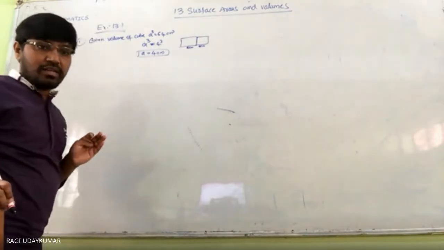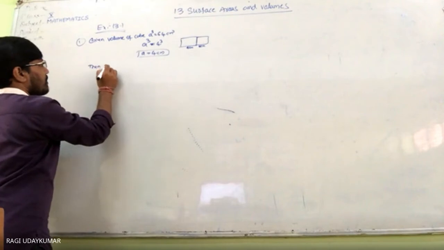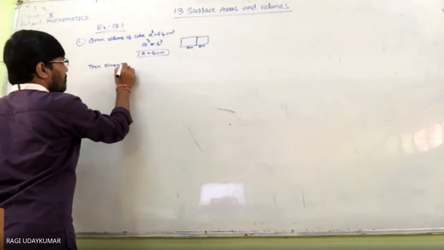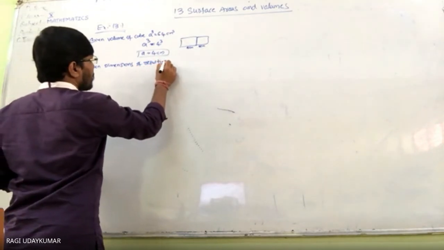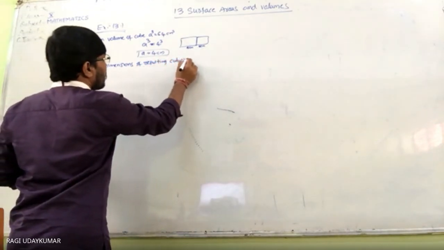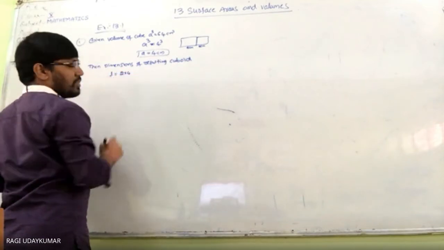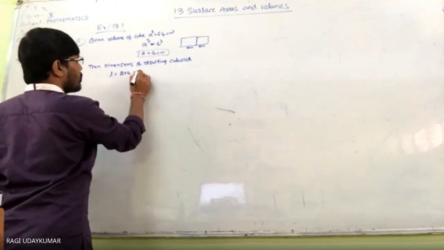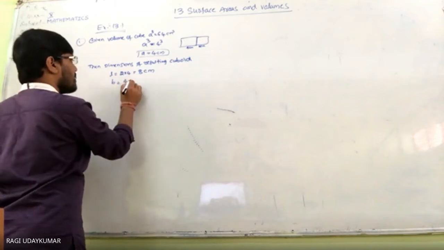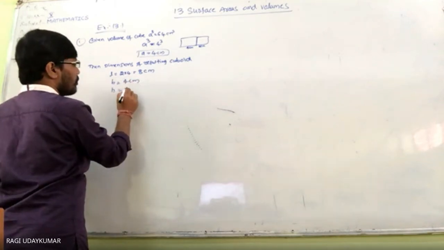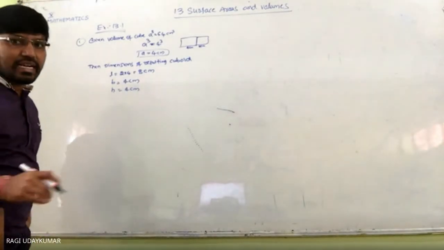The length becomes the dimensions of the resulting cuboid. Length is equal to 2 times the side of the cube, so this is equal to 8 centimeters, and breadth is the same, 4 centimeters, and height is 4 centimeters. Now the question is asking you to find the surface area of the resulting cuboid.